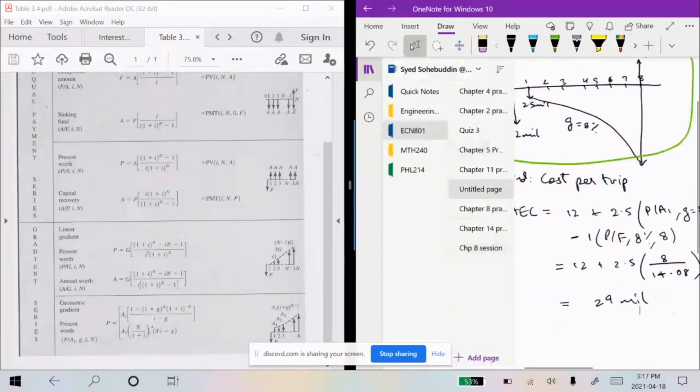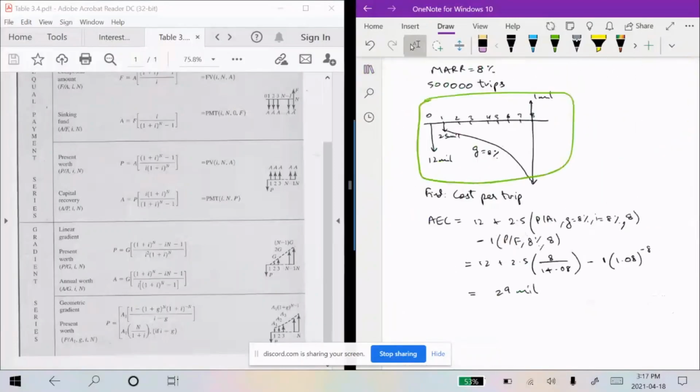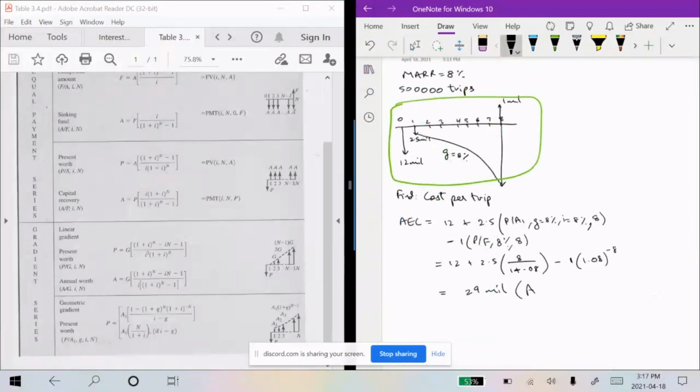So now you find A given P at 8 percent and 8 years. This wasn't 29, it was 29.97824 million.